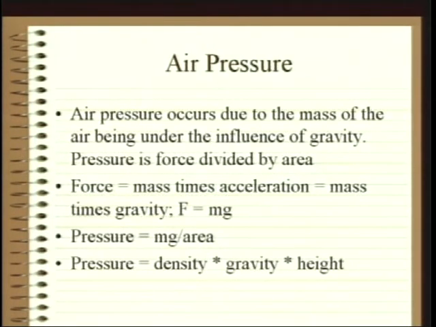So mass times gravity is a force. And pressure is that force, that mg, divided by the area. Pressure can also be written in an equation as pressure is equal to density times gravity times height.